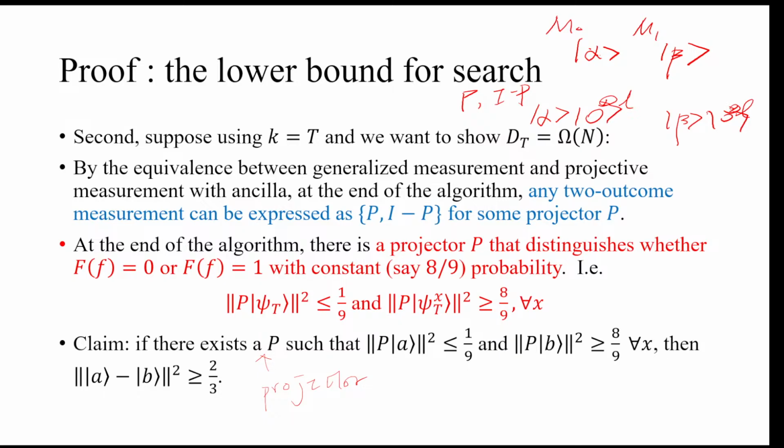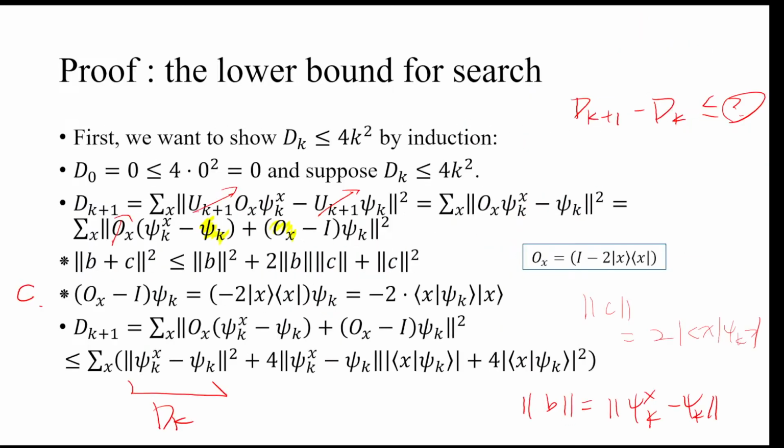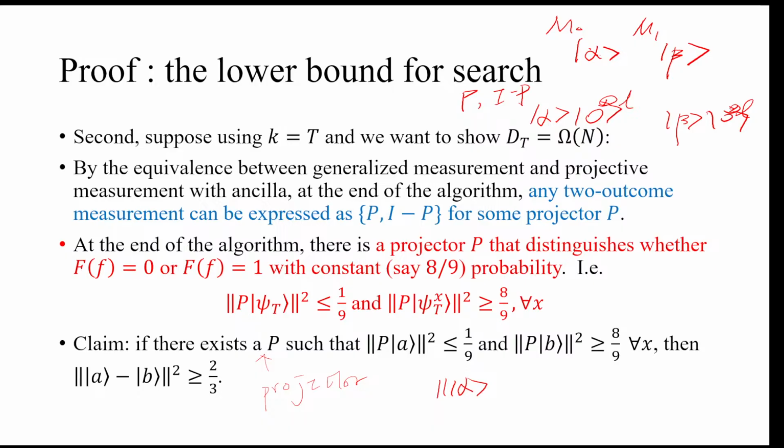So what I'm saying is that the norm of alpha tensor 0 minus beta tensor 0, squared, equals the norm of (alpha minus beta) tensor 0, squared.